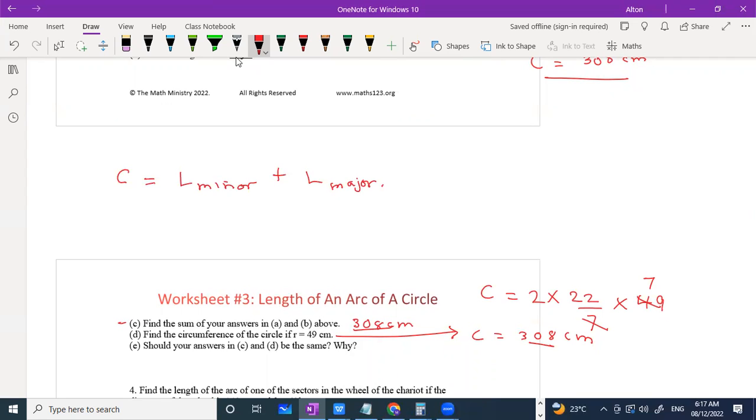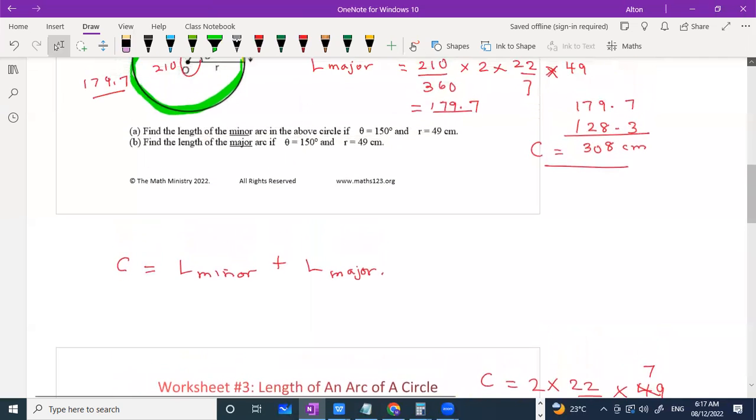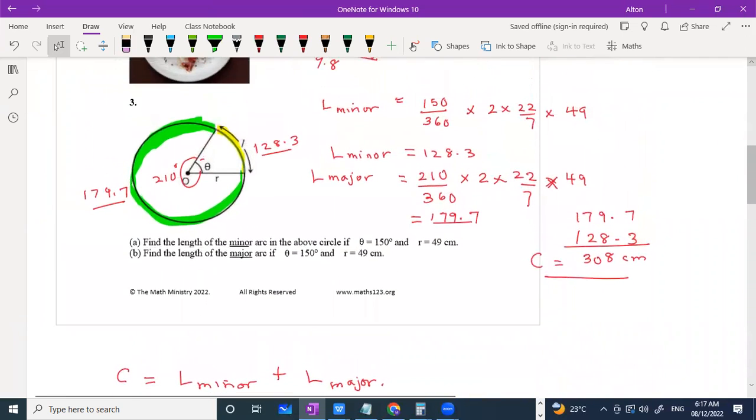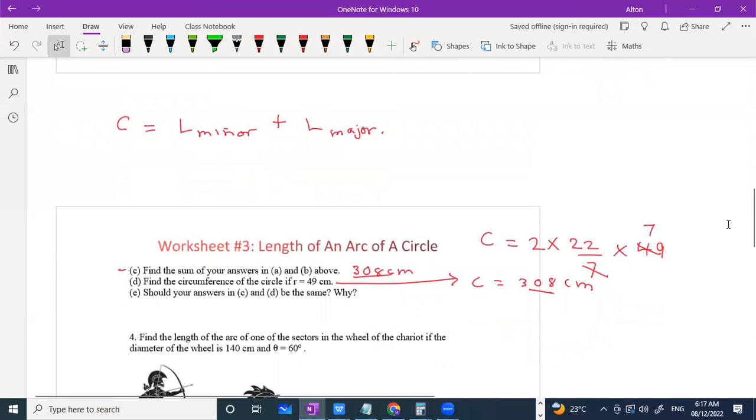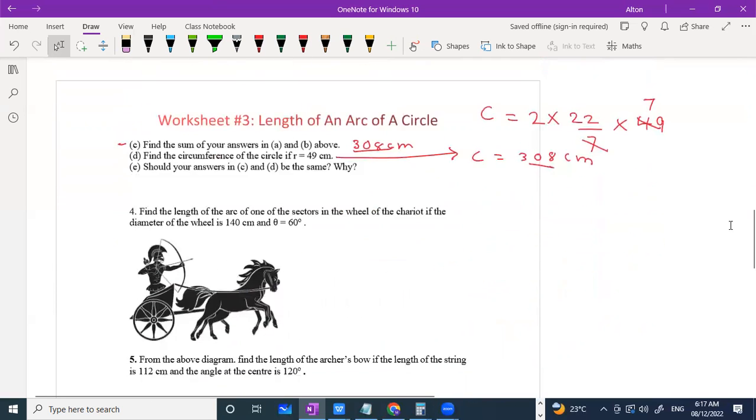And we saw that just now up here. When we added the two lengths, we got the circumference of the circle. So I just wanted to give you that question so you could agree with me. When added together, the major and the minor arc lengths will give you the circumference of the circle.